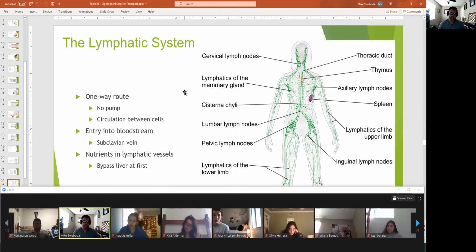All right, lymphatic system. This is something that we could go in on for days and days and talk about, because it's a very complex system. The main thing to know is that the lymphatic system is essentially a separate system from your bloodstream.